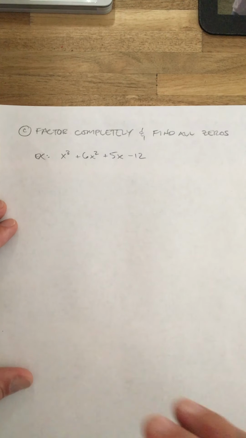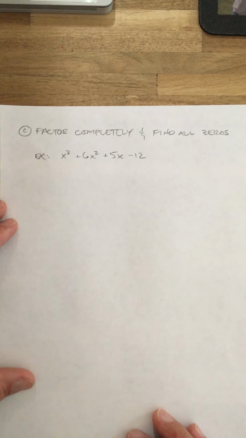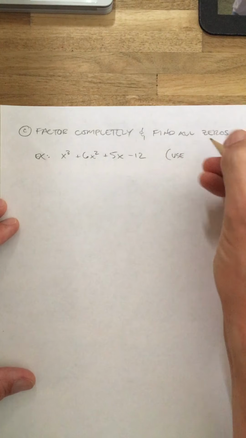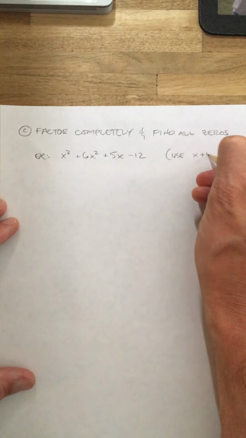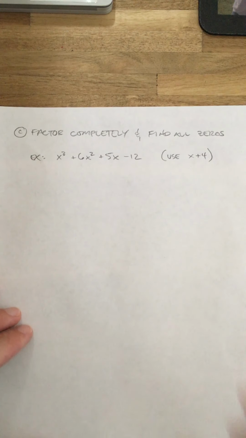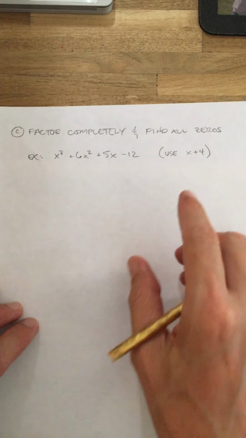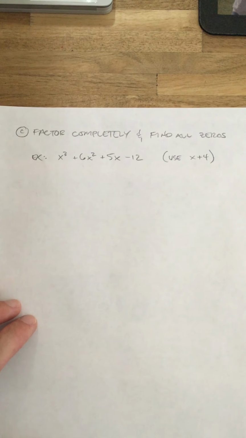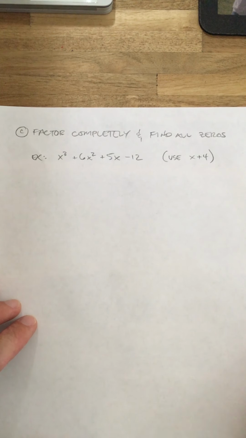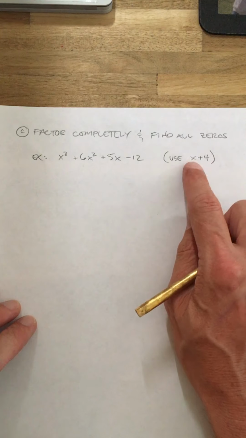Today I'm going to tell you to use x plus 4. The next time we meet, I will show you how to figure out what to use. But for now, just to make your life a little easier, I'm going to tell you to use that. Now, is this a binomial that starts with just x?